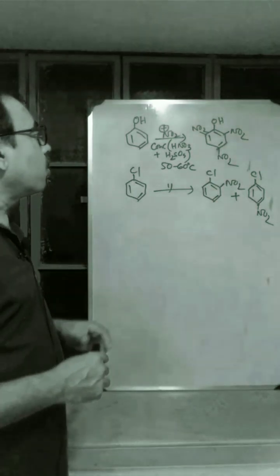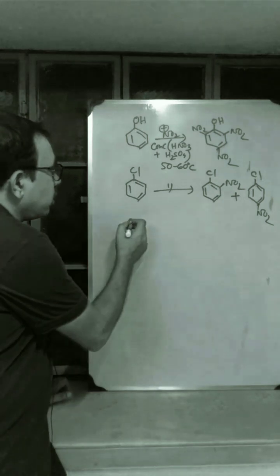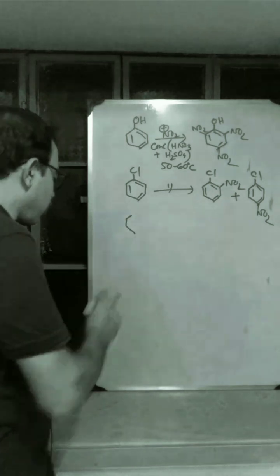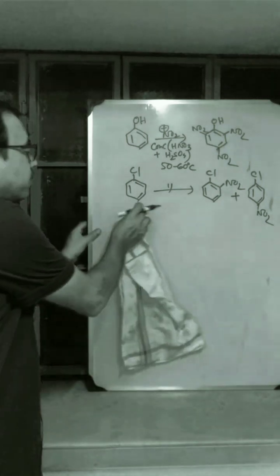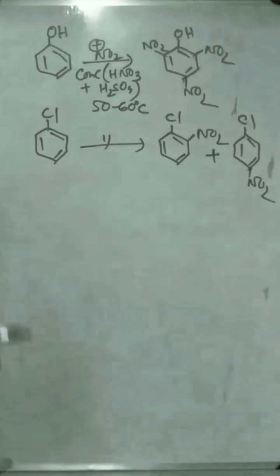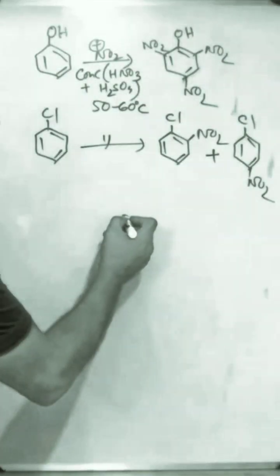First of all, in case of phenol, delocalization occurs. Delocalization of the lone pair of oxygen occurs into the benzene ring. How does it happen?